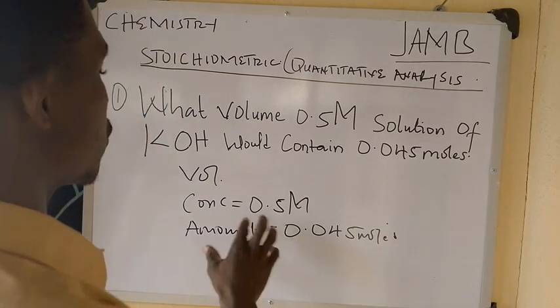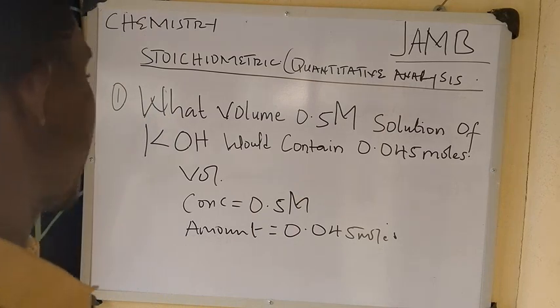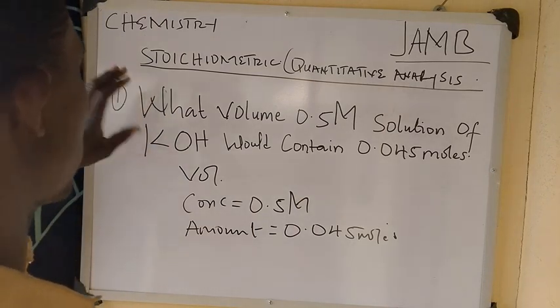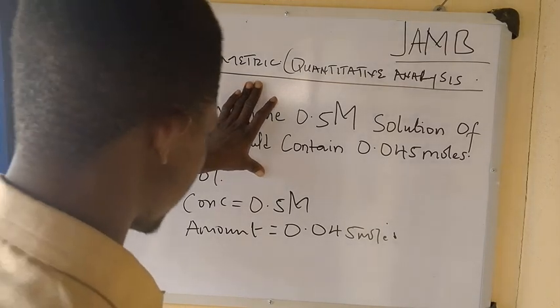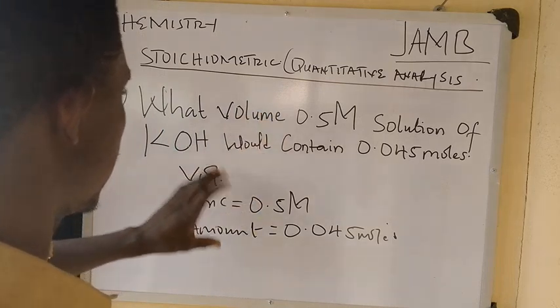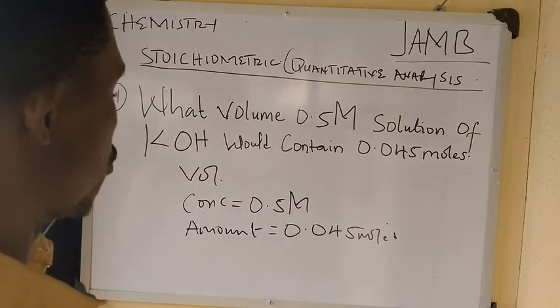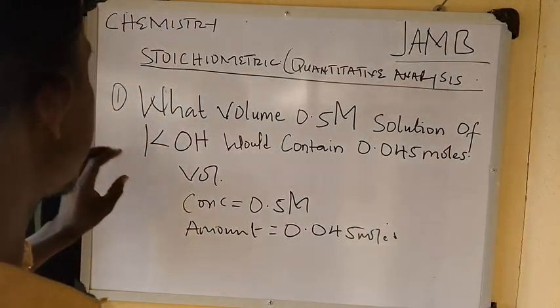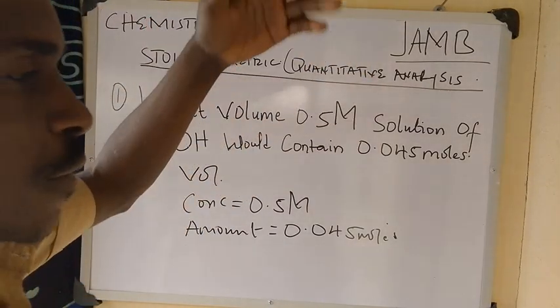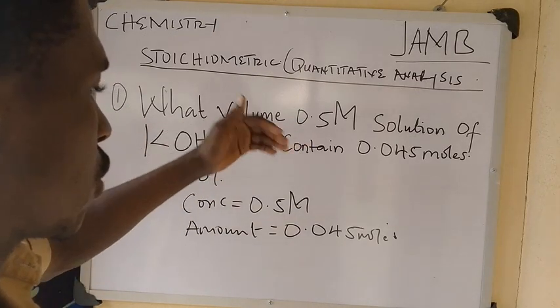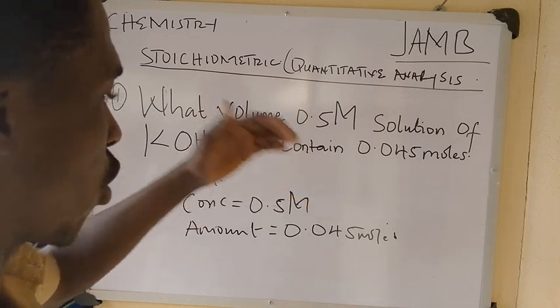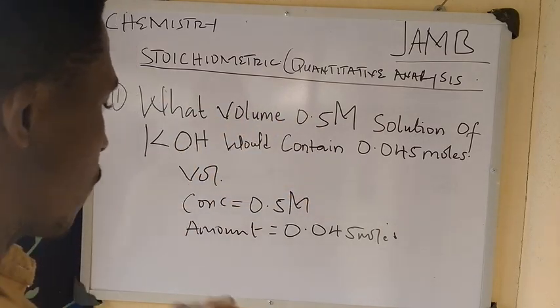So I have amount and I have concentration, and they ask us to calculate volume. If I want to calculate volume using this information, which of the formulas are we using? Is it the one that says amount is equal to mass over molar mass? Is it the one that says amount is equal to number of particles or molecules or ions or atoms all over Avogadro's number?